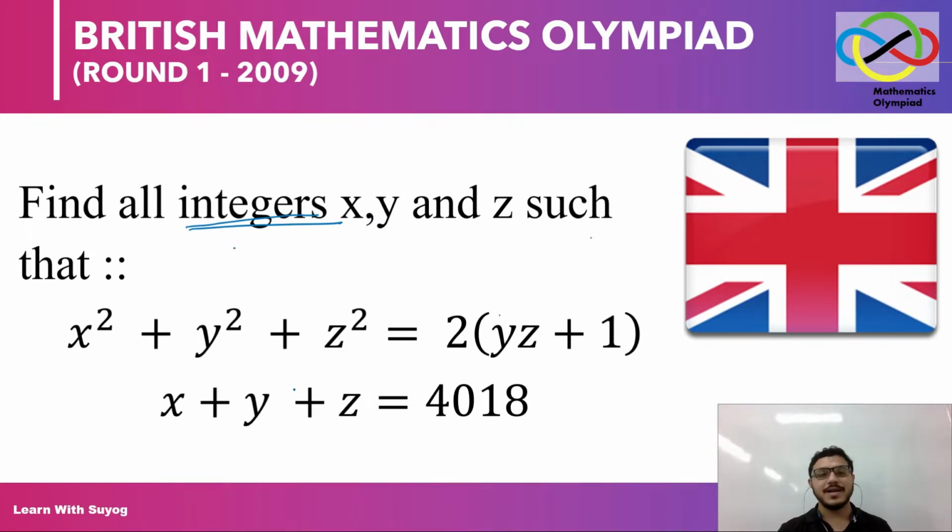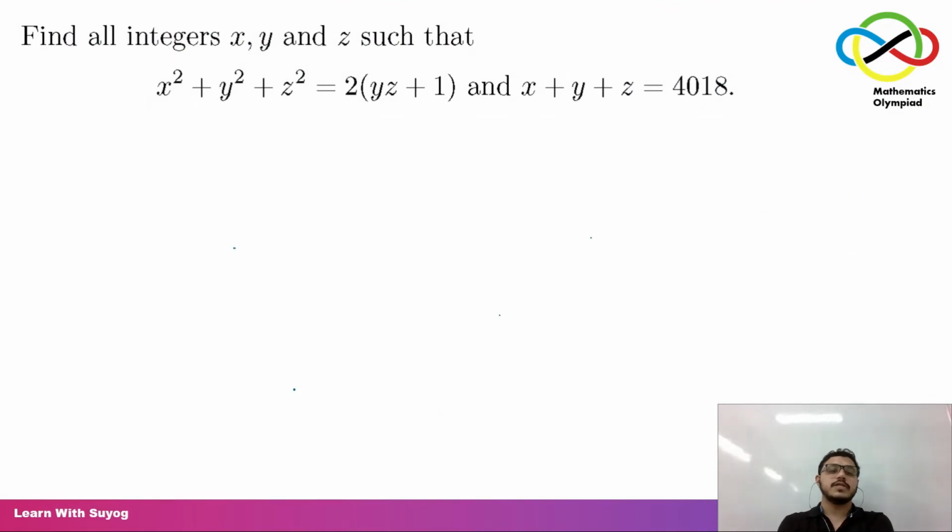Let's start. We are given x squared plus y squared plus z squared equal to 2 times (yz plus 1), and x plus y plus z equals 4080.